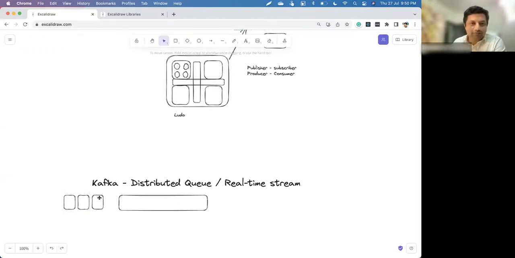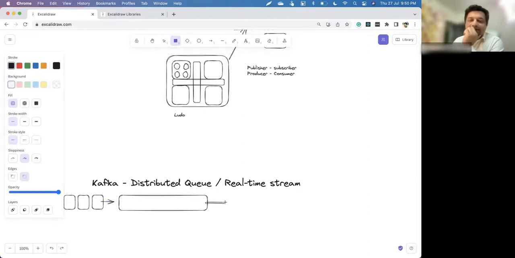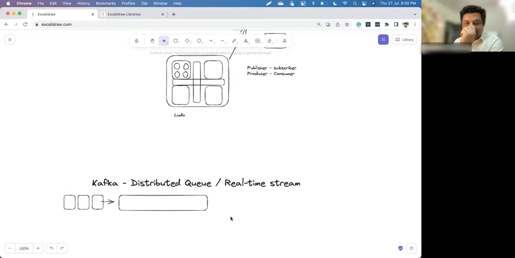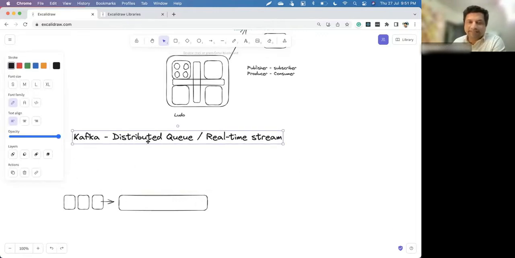If you go to Forum Mall in Bangalore on a weekend, you will see many cars almost every millisecond. At the same time, these messages are also getting processed. So when you need real-time processing of a stream of data, you can use a message queue, also known as a message broker, like Kafka.